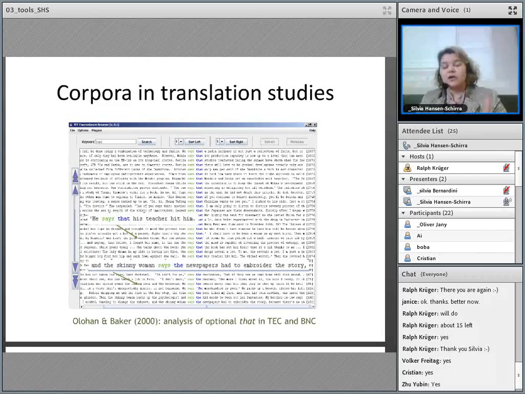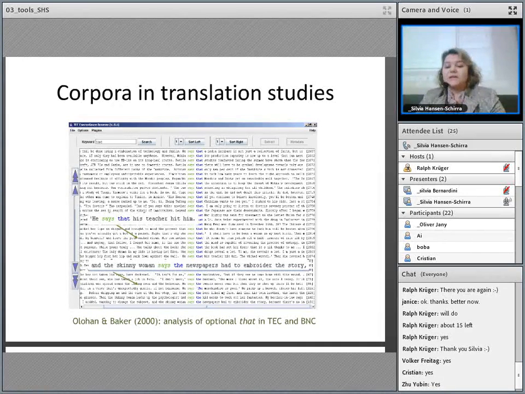This is a lot of work when working with big corpora, because you have to do it manually. They found that for the reporting verbs they looked at, translations are more explicit than original text. But it would be much easier to do this research with an annotated corpus, where you don't have to look at the lexical level, but can look for zero complementizers or their realization.